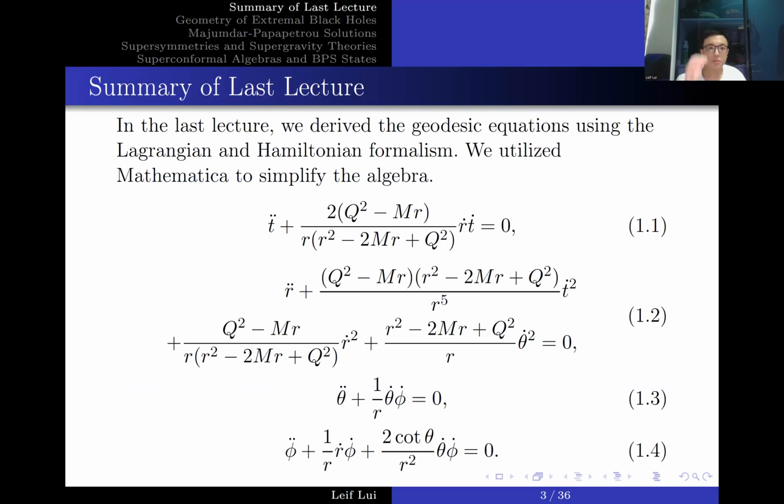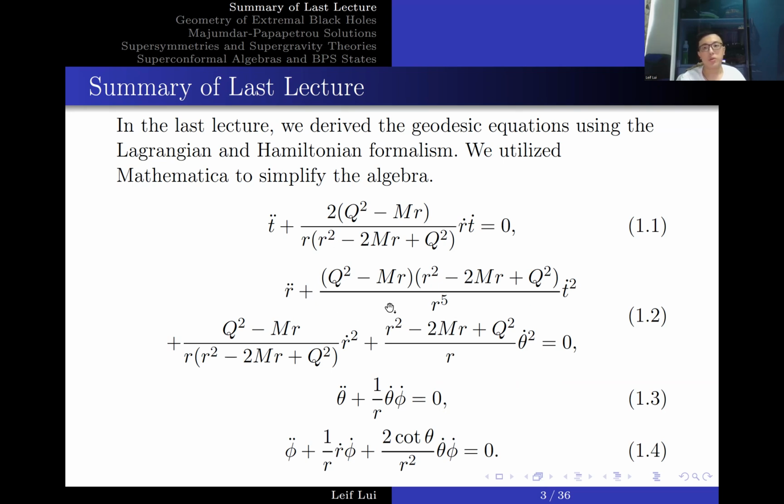So let's go. In the last lecture, we derived the geodesic equations using the Lagrangian and Hamiltonian formalism, and we utilized Mathematica to compute the geodesic equations. We wrote a Mathematica script and used two different methods. In one, I actually computed the partial derivatives and the total derivatives, and the other just used the variational methods package and the Euler equations command.